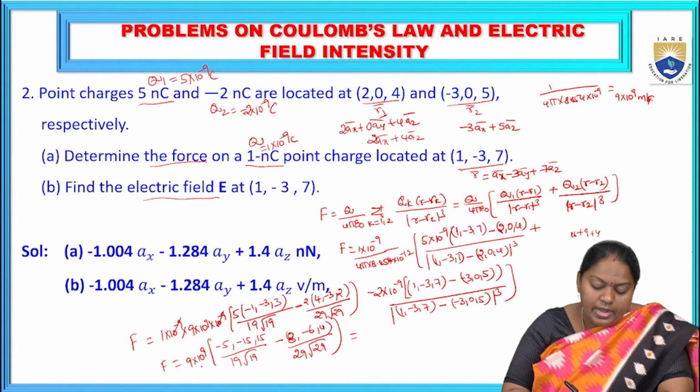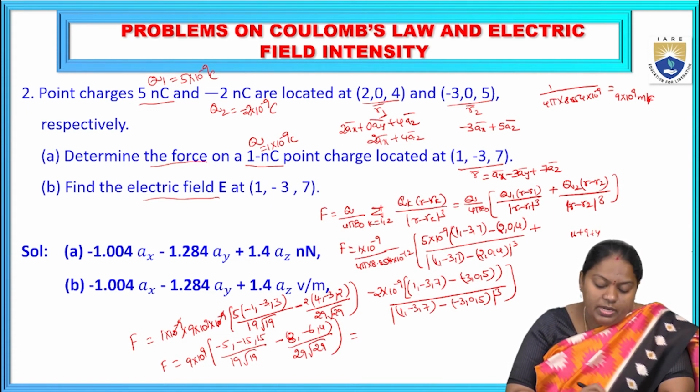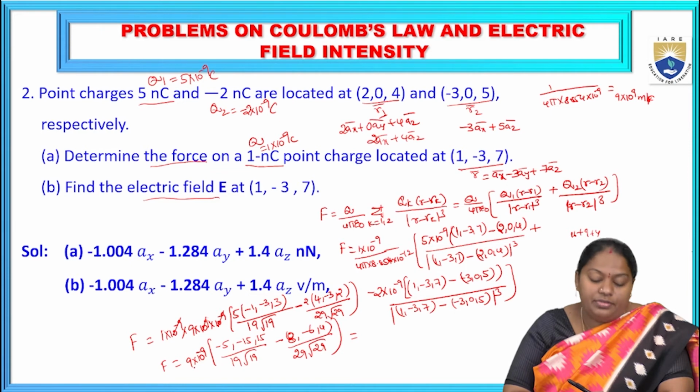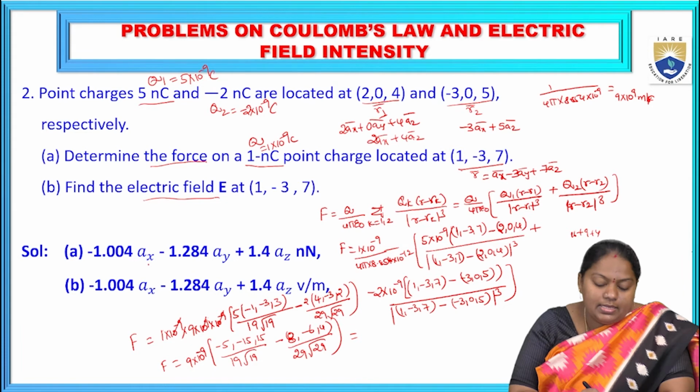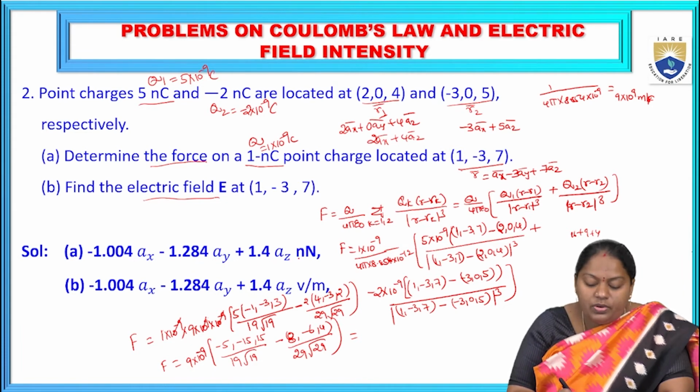Now 10 power 9 is left out here. So from this, this 10 power minus 9 gets cancelled and 9 into 10 power minus 9 is left out. If you multiply this 9 into the entire thing, we get the electric force as minus 1.004 ax minus 1.284 ay plus 1.4 az nano newtons.